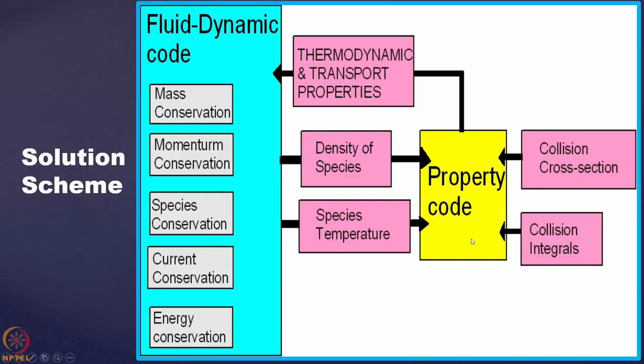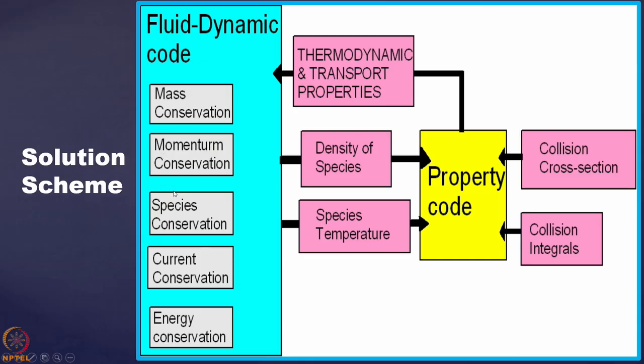Thermodynamic and transport properties, on the other hand, need input about the species temperature and species densities. Once you give them, then they have a library of collision integrals and collision cross sections which have been gathered from lots of other theoretical studies and frameworks. When you feed that to the property code, then you get the transport and thermodynamic properties.